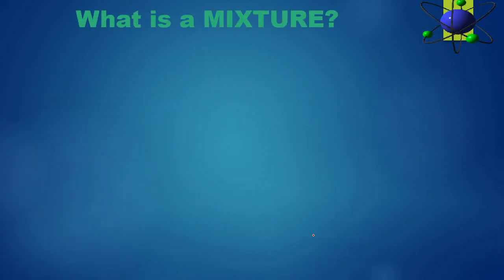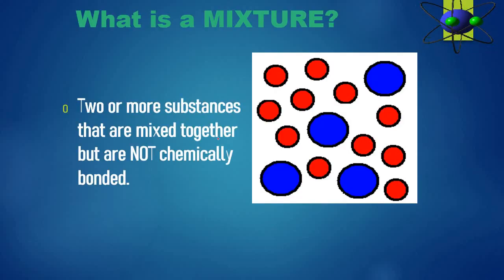Now we see what is a mixture. A mixture is 2 or more substances that are mixed together but are not chemically bonded. These are examples of mixtures.